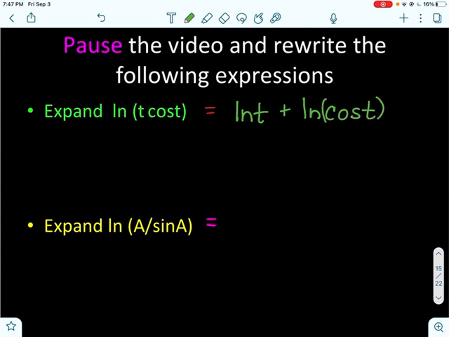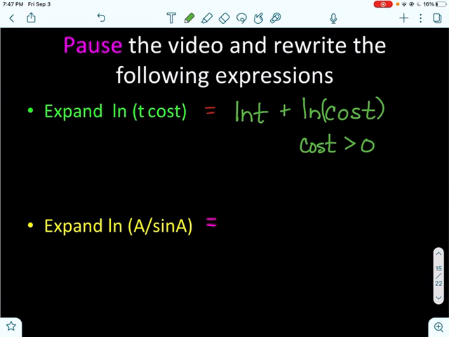Sometimes when we have expressions that seem a little more complicated, because you have more variables or letters, especially trig functions, we put parentheses around that. Also to stipulate, cosine t must be greater than 0 if you're going to take the ln of cosine t.